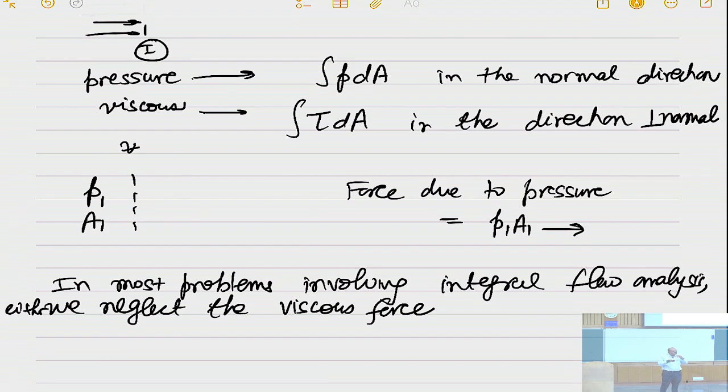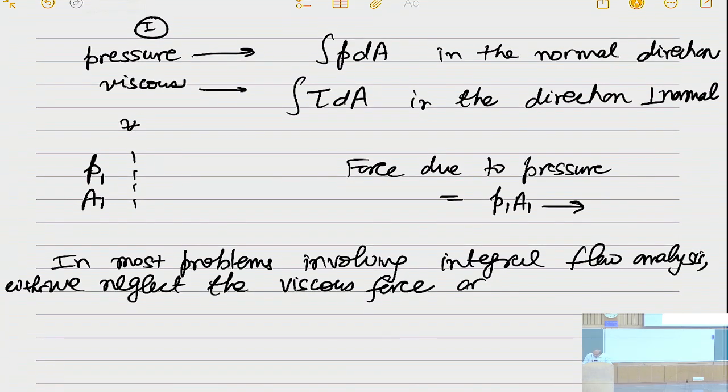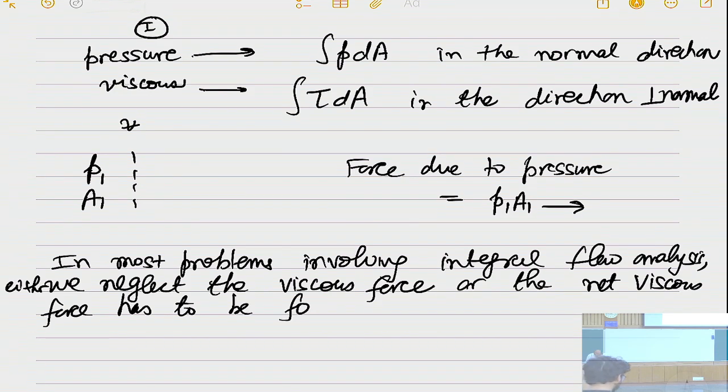And this will be an assumption which will be made, because when you make a 1D assumption, you are automatically neglecting the viscous forces. Otherwise, the flow cannot be 1D, it has to have a profile. Or the net viscous force has to be found out.